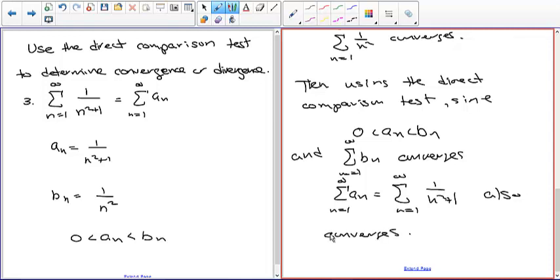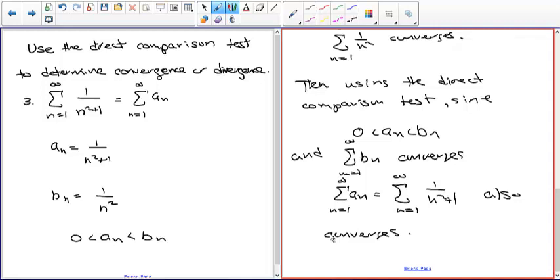So the direct comparison test involves a convergence test within a convergence test. You always find a simpler function. B sub n is always something simpler that I can evaluate the convergence of. So there's two requirements for B sub n. One is it's something I can evaluate using one of the other convergence tests.